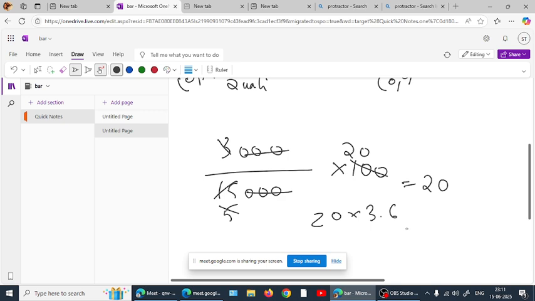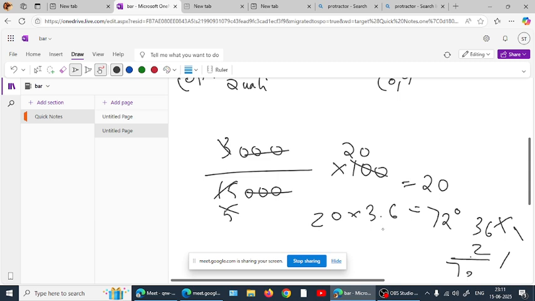So what do we get? 72. 72 degrees. The 3.6 is actually 360 divided by 100.